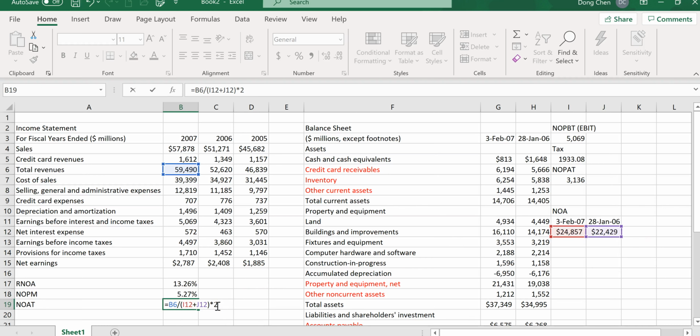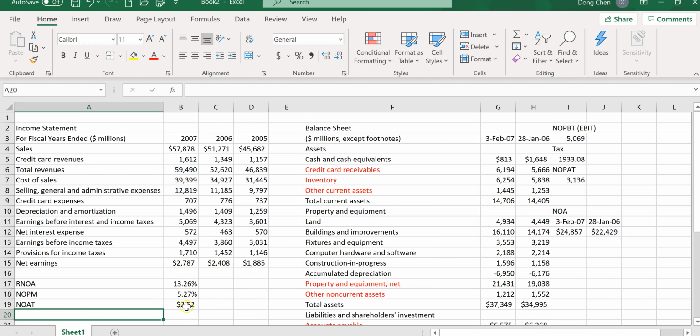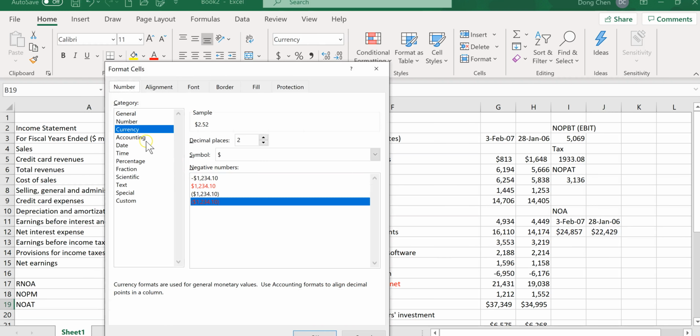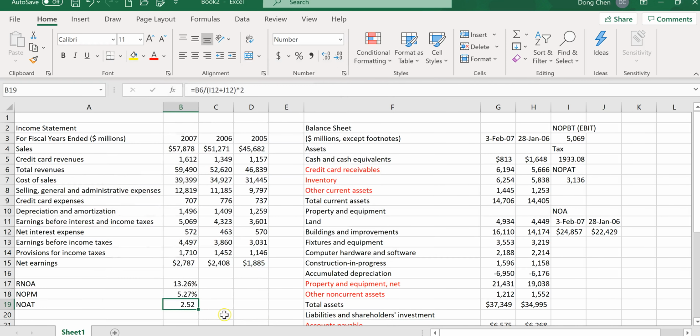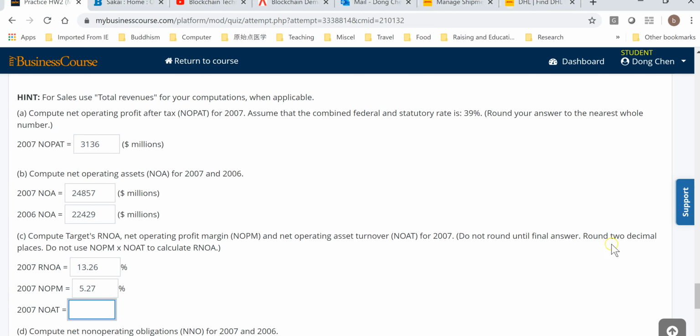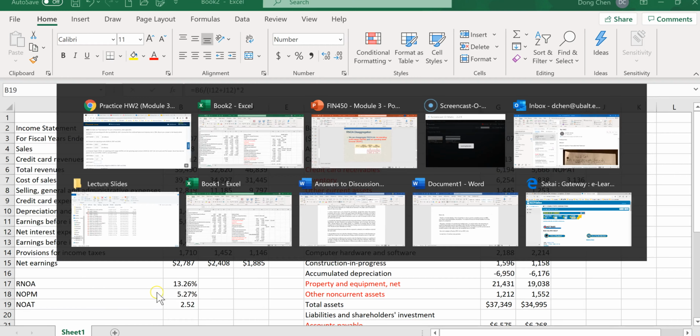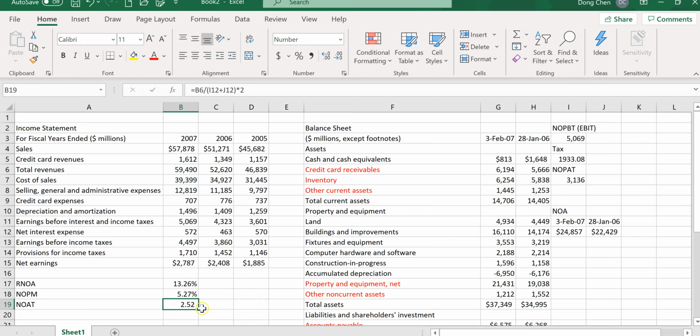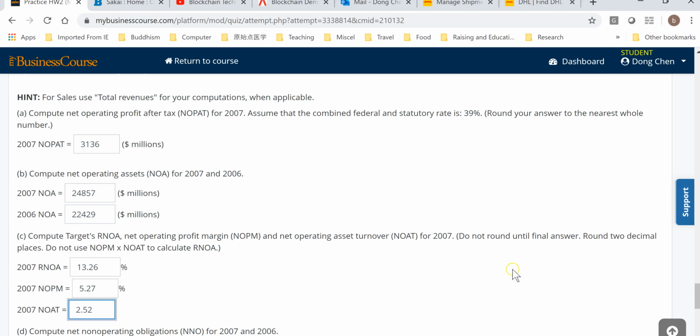This is the same as dividing the denominator by 2, that's taking the average of these 2 years' NOA. Again, I don't want to keep the dollar sign because this is unitless. So I want to keep the number and keep only 2 decimal places according to the rounding requirement here. So this is 2.52. That's my number here.